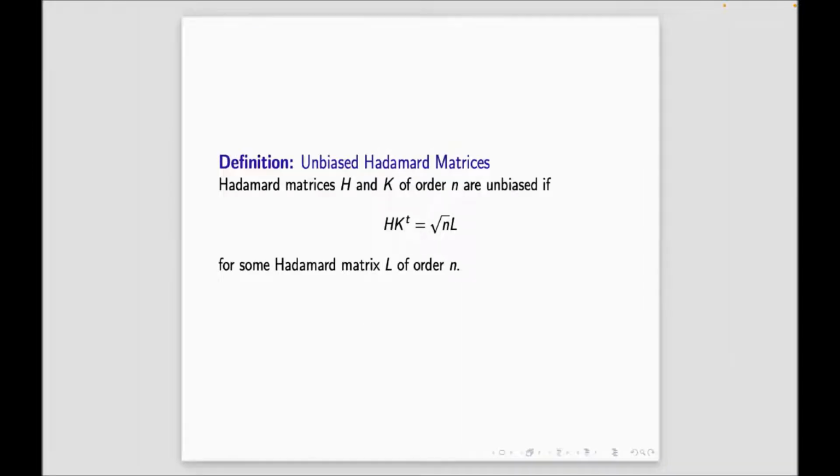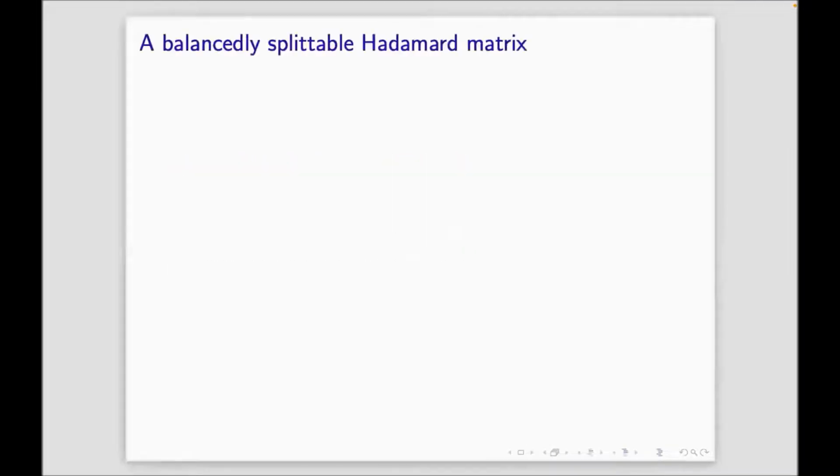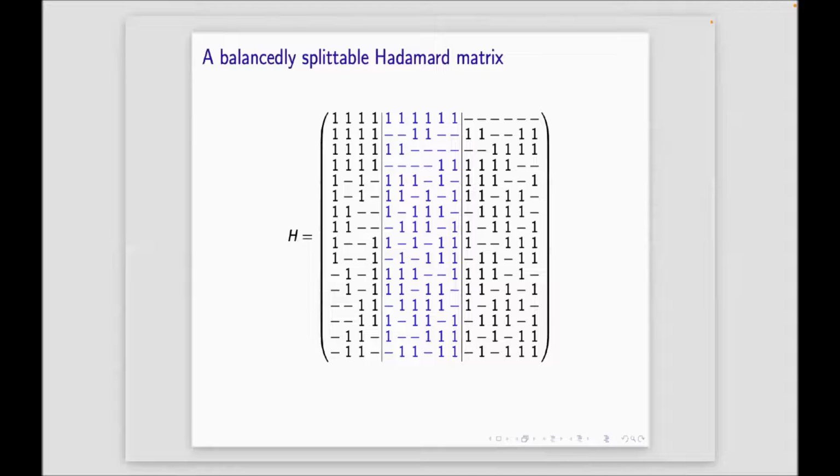Okay, let me also talk about unbiased Hadamard matrices. This concept has been mentioned in this wonderful conference. We call 2 Hadamard matrices unbiased if H times K transpose is the square root of N, where N is the order of the matrices, times L, and L is another Hadamard matrix. Again, let's look at this balancedly split Hadamard matrix.